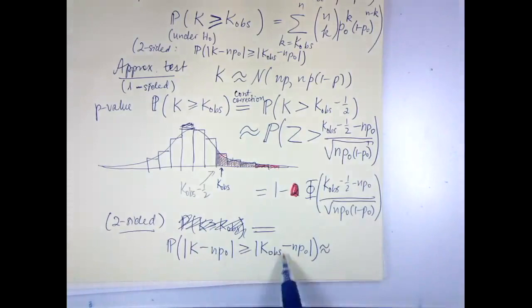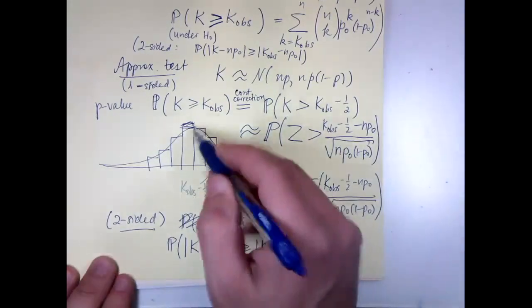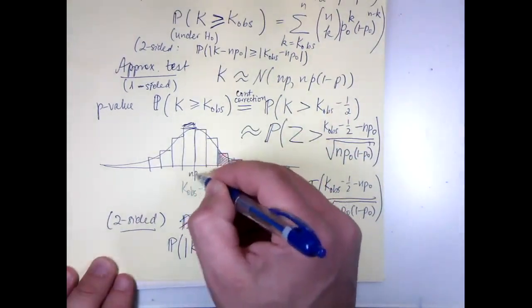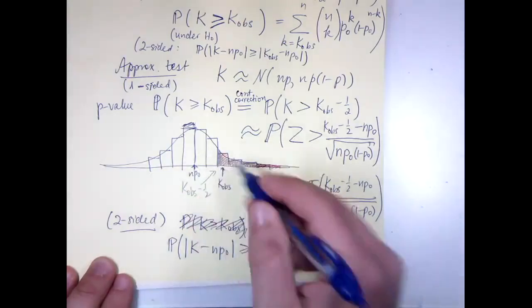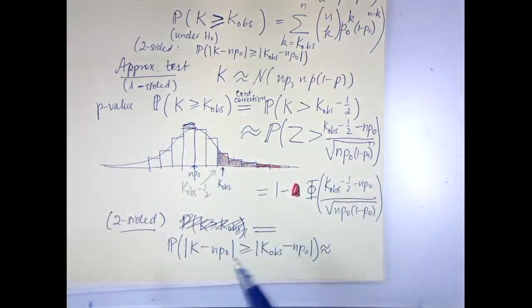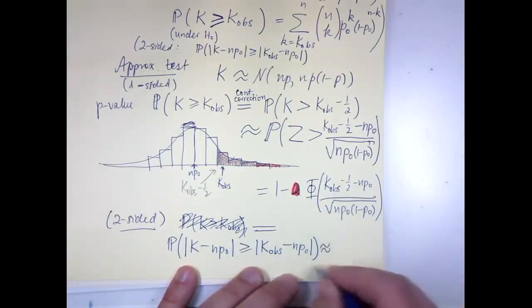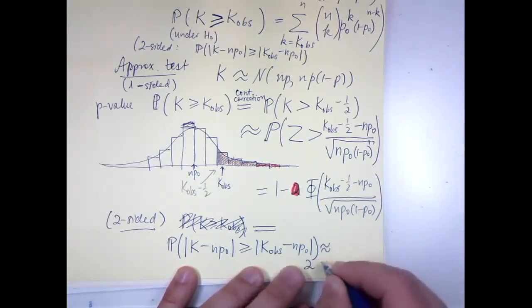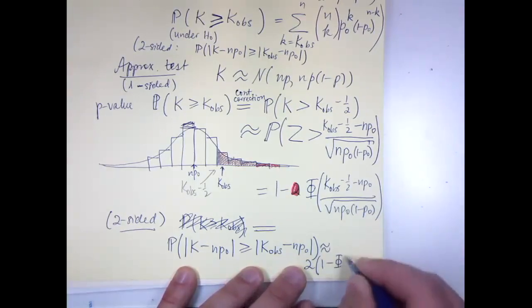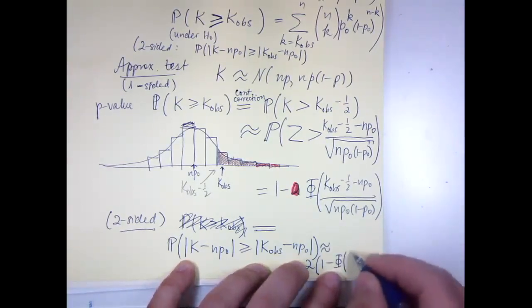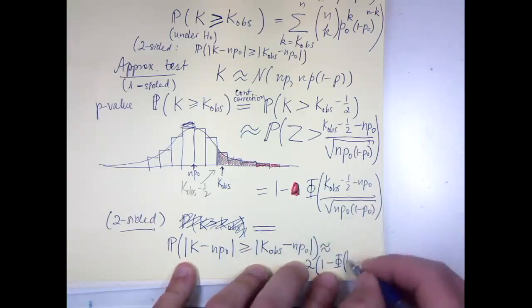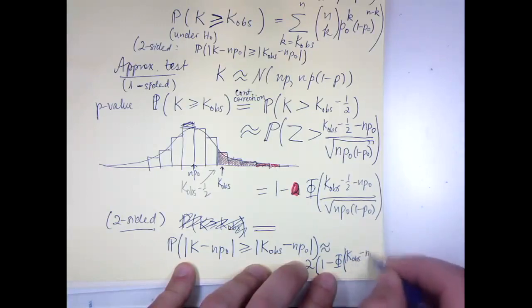So in this context, because it's a normal distribution roughly centered at np0, then you just get twice the p-value, as I said before. So it would be 2 times 1 minus phi of the absolute value of K observed minus np0, over the square root of np0(1 minus p).